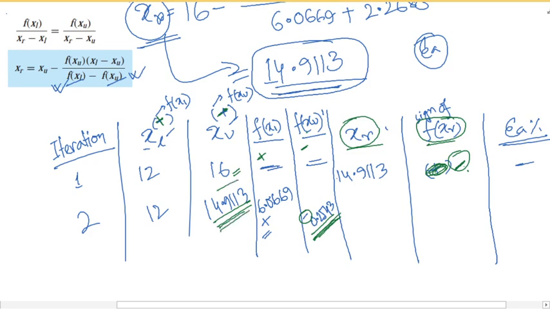However, now using this XU, XL, FXU, FXL, you will again be calculating FXR for this particular step, and if we use all these values to calculate this one, we'll be getting 14.7942.